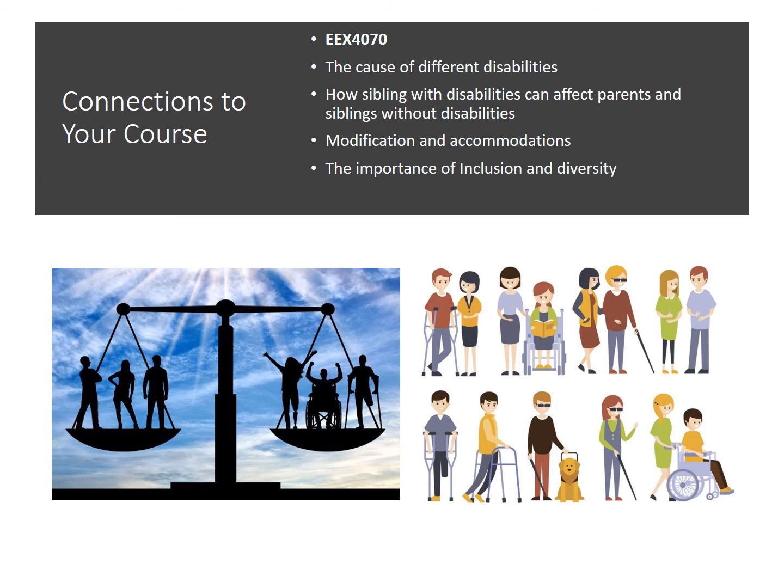I learned that siblings with disabilities can have an effect on parents and siblings without disabilities. For example, one assignment that we did in a course actually explained that parents can actually have the student without the disability try writing with their left hand if they're right-handed to see how the other child feels so that they can try to understand.